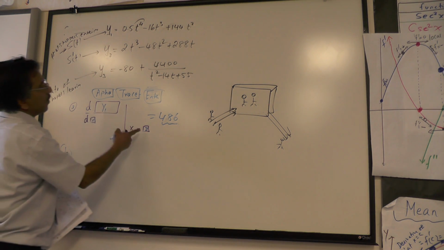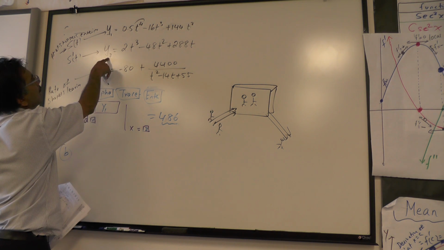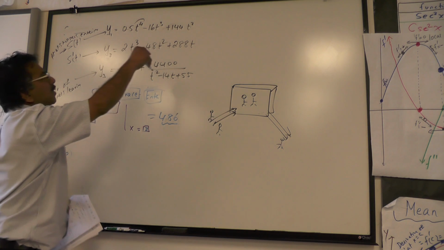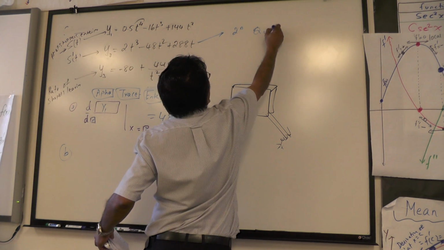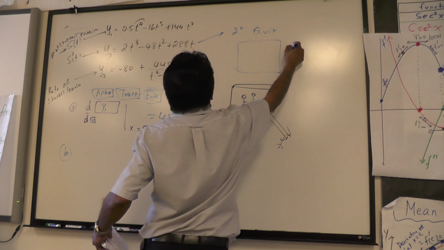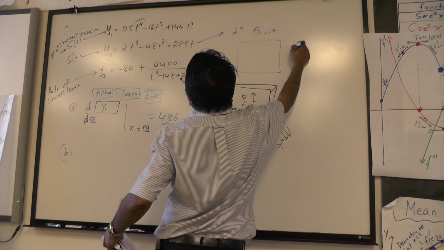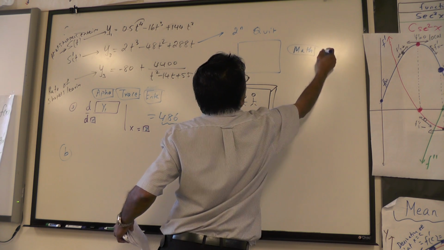Now this is one way of doing it, or you could directly put it here. First of all, go to second quit to get a blank screen, then click math, then click 8.